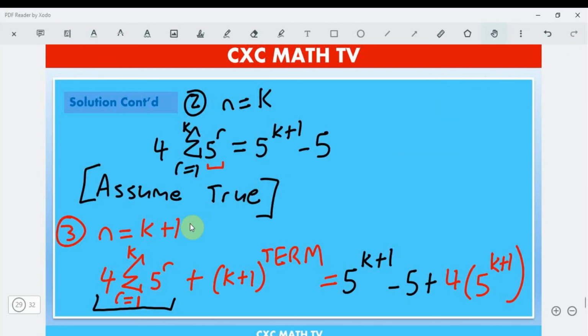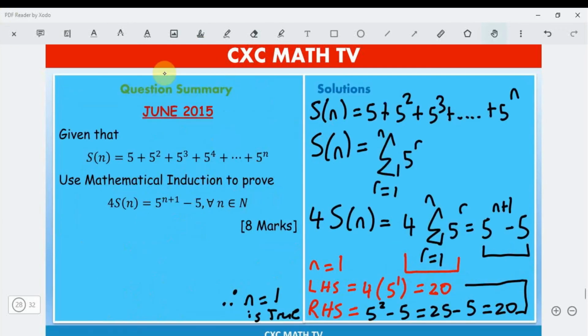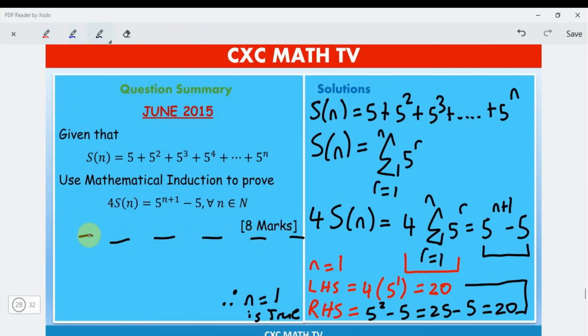Now, before we simplify this any further, I'm just going to write down what we're supposed to get. I always like to write it down beforehand. We're trying to get that 4S_(k+1) should be giving us 5 to the k plus 1 minus 5.